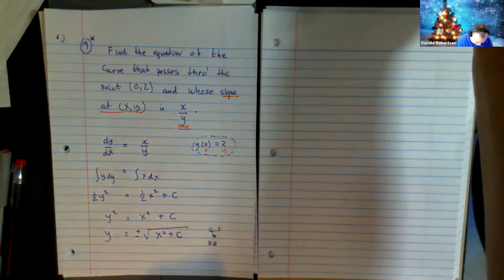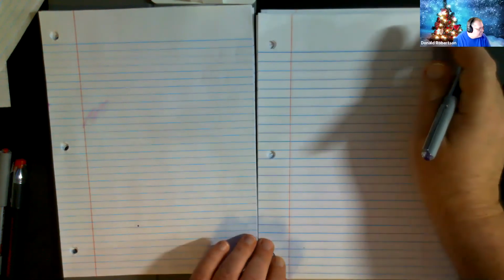Okay. We have one last question to do. Kind of kept the best till the end. We're going to do one of those differential equations where there are unknown constants floating around, you know, like the A's and the B's and things.